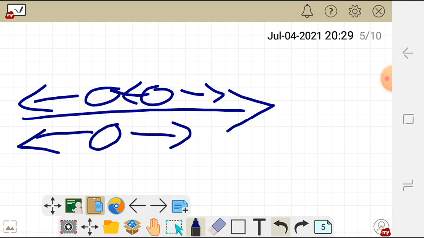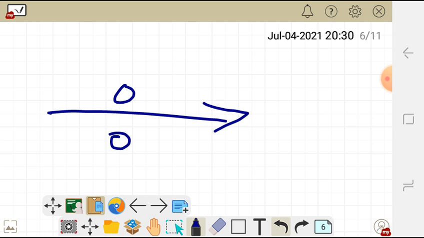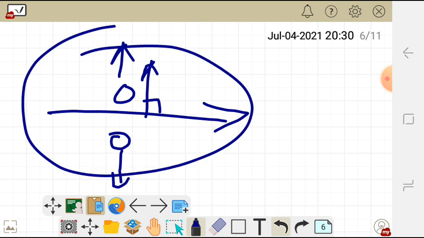So we call these longitudinal waves. In a transverse wave, the particles move perpendicularly, at right angles to the direction of the wave.